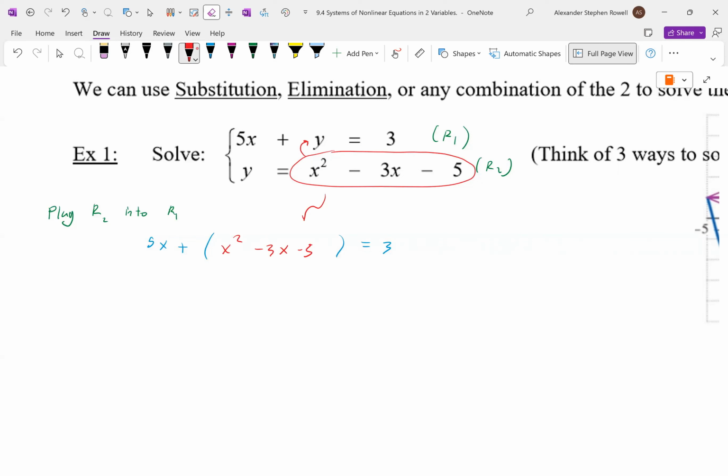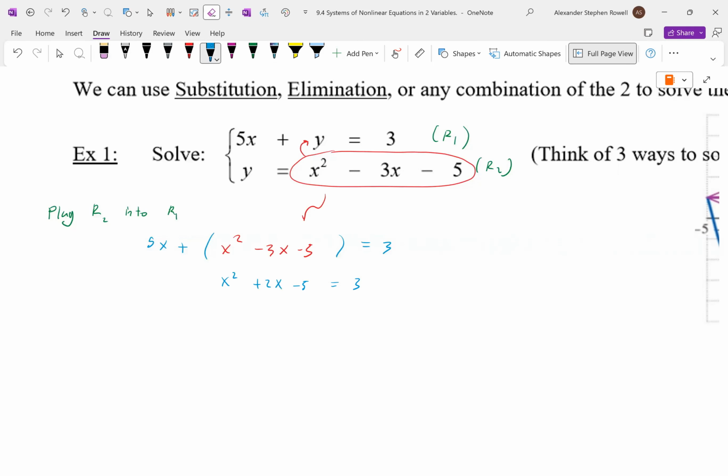If you solve for one variable, you can plug it into the other equation. And what that does for us is we have an equation of x only, so we can solve it: x squared plus 2x minus 5 is equal to 3.